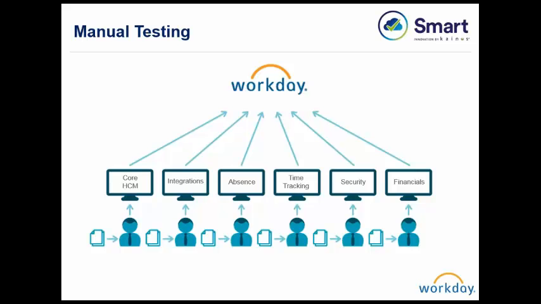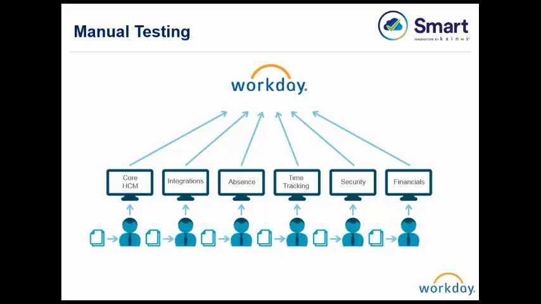If we think about manual testing then and how that's typically performed, from talking to the customer base out there, what we find is that customers will divide up the different core areas and the different scenarios that they have identified during their planning, and their testers would manually enter the data that's required in order to perform those different scenarios, whether that be in the financials area or checking the security policy.